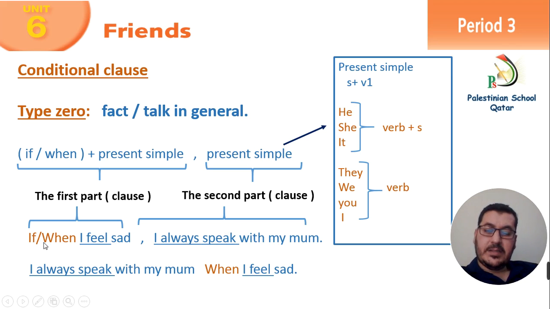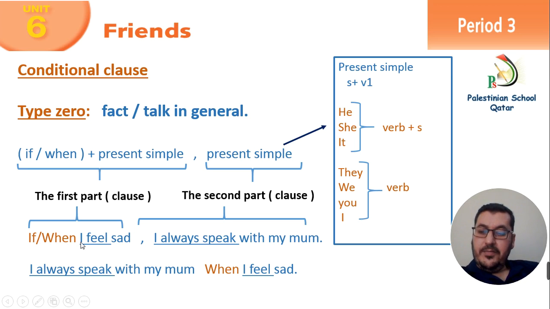The first part starts with if or when, and in the second part we have only present simple. And be careful, everybody, when we have I, according to present simple, we don't add s to that, so it becomes feel alone. And in the second part, I always speak, not speaks, because with I we have the verb as it is, we don't add s.